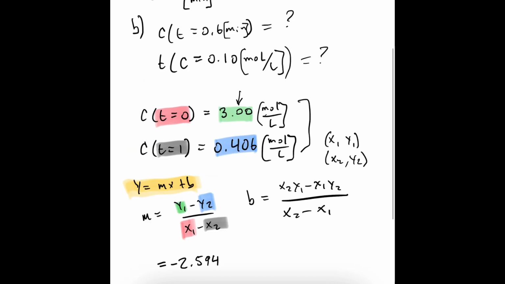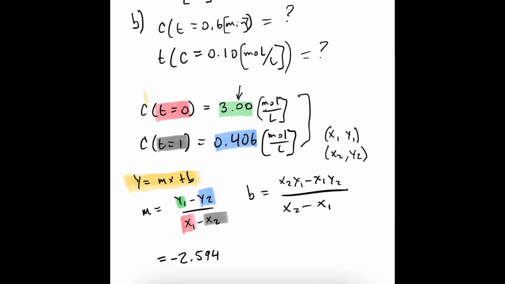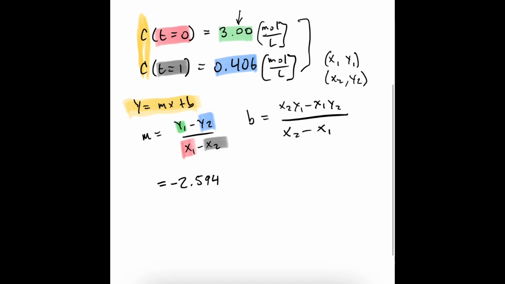Let's say, for instance, we didn't know what the exponential function was. Well, if all we had were these data points right here, then we could estimate what the function was by assuming that it was a line instead of an exponential function. And I'm assuming that this problem will go into how accurate that assumption is.